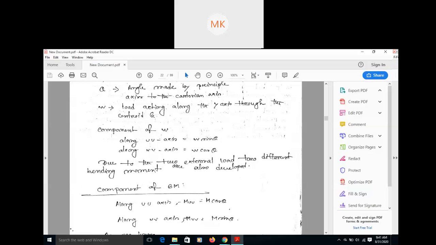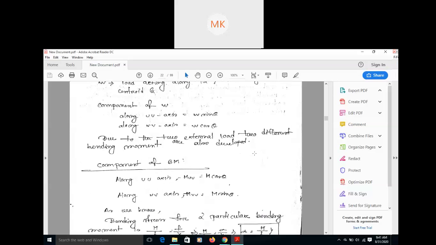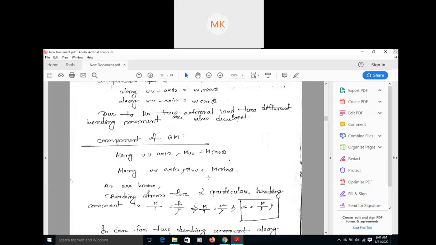Due to these two loads, two bending moments are also developed. Along the u-axis the bending moment component is M cos theta, and along the v-axis it is M sin theta.